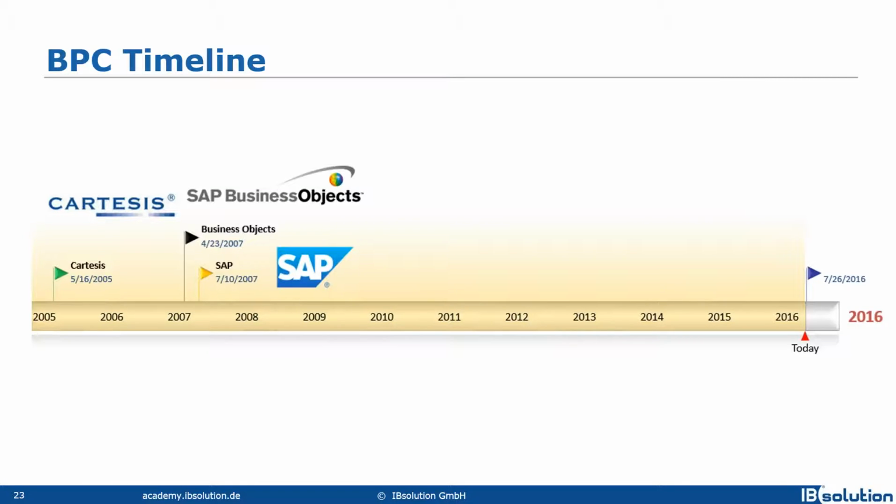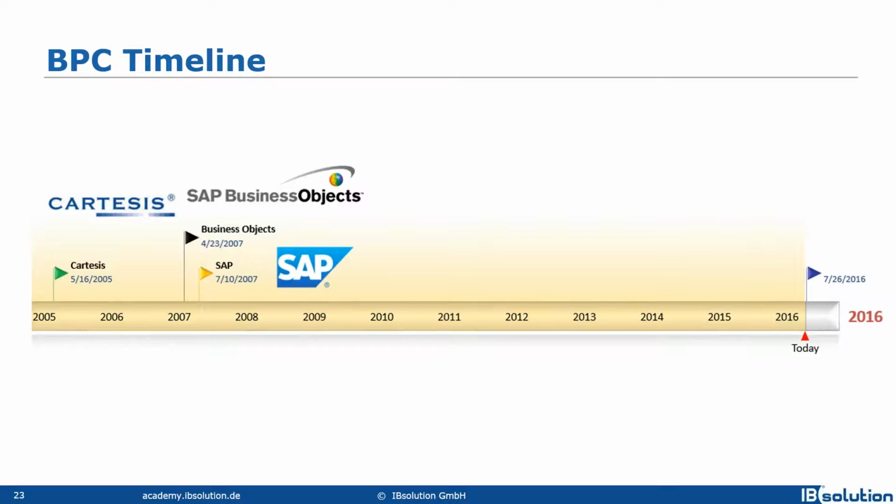Timeline, like with all the others, so there was a company called Cartesis, and also BPC had an old name. So Cartesis did develop BFC and other planning and consolidation capabilities. Then they were purchased by Business Objects, and within Business Objects, this is where BPC was developed and given the name of BPC.